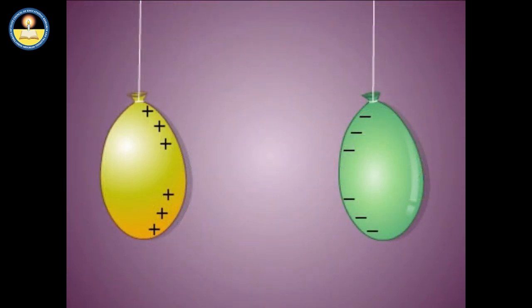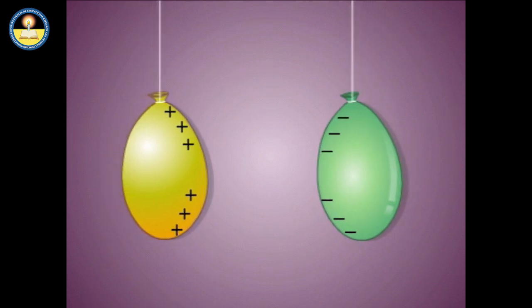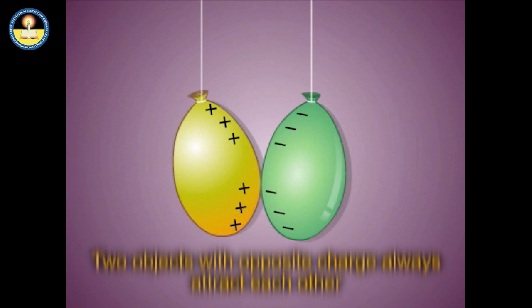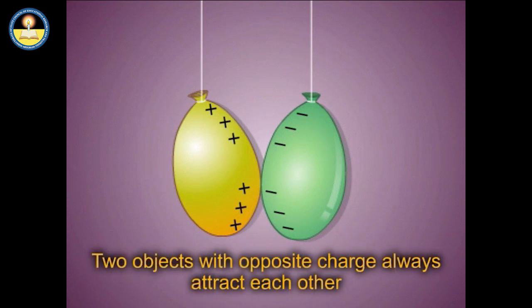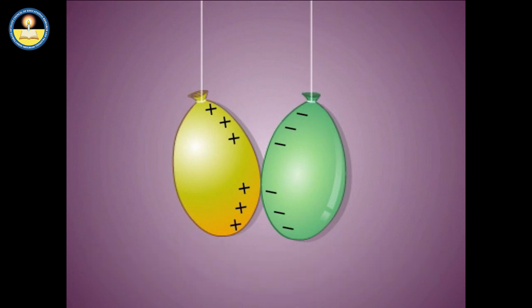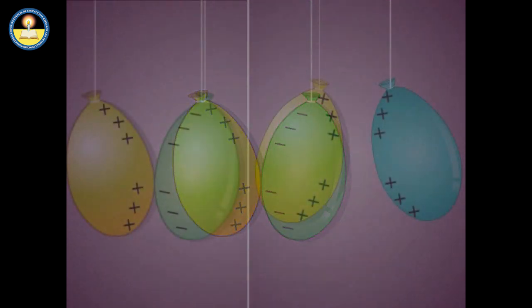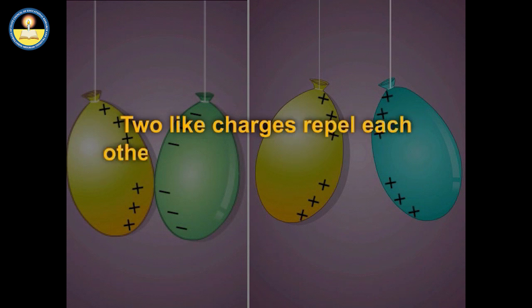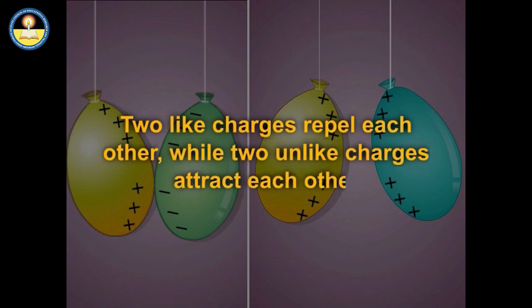When this negatively charged balloon is brought close to the positively charged balloon, they attract each other. This shows that two objects with opposite charge always attract each other. The very basic nature of the two types of charges is that two like charges repel each other, while two unlike charges attract each other.